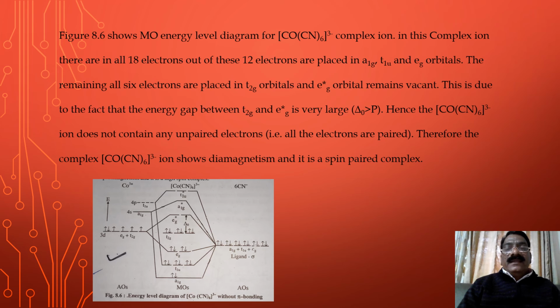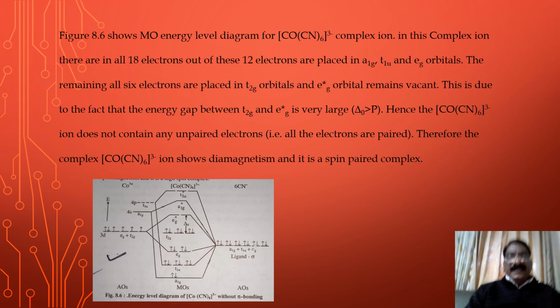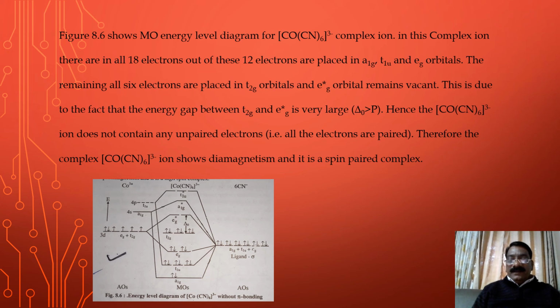Thus when we compare [CoF6]3- and [Co(CN)6]3-, which are complexes without pi bonding, one is paramagnetic and the other is diamagnetic.